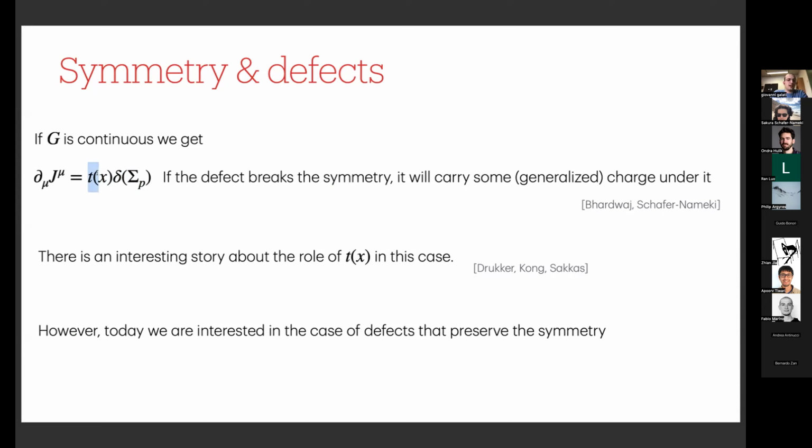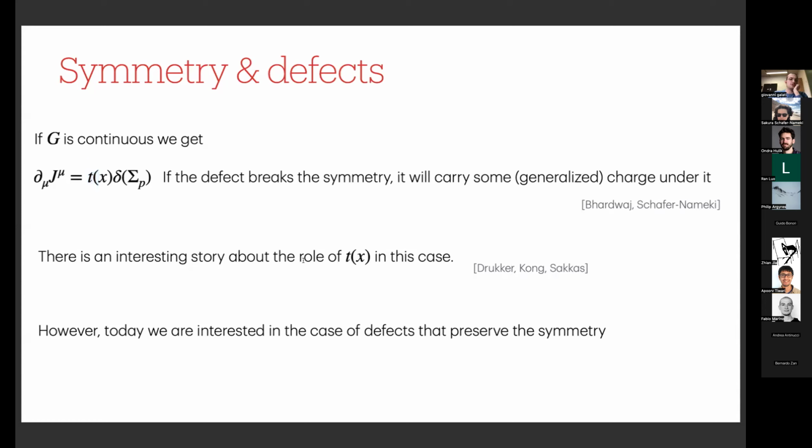Okay, if the defect breaks the symmetry, then this tilt operator is non-trivial, and this means that the defect will carry some charge under the zero-form symmetry. This is the so-called generalized charge because it's not a charge that can be detected by a link configuration, just because the defect is higher dimensional with respect to the local operators.